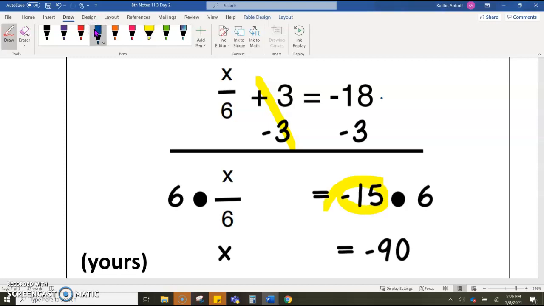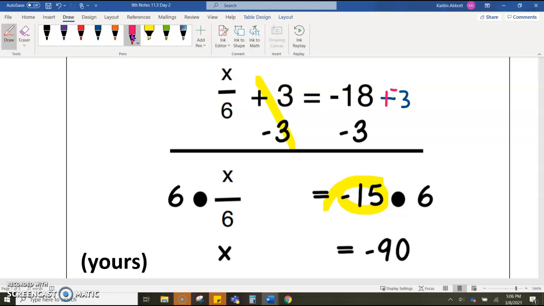So if we do negative 18 minus 3, and we did keep, flip, change, the negative 18 plus negative 3, that won't get us negative 15 because now we have to add them together. 18 plus 3 should get us 21.